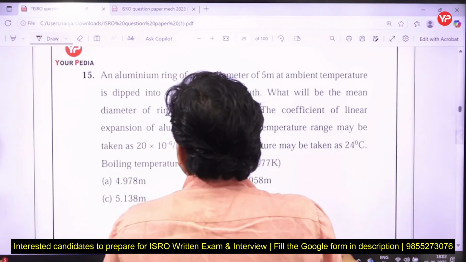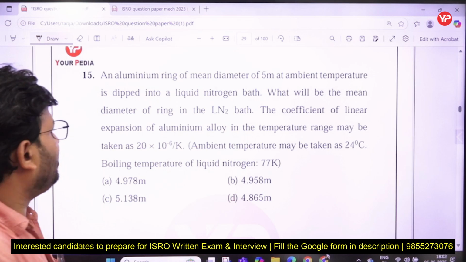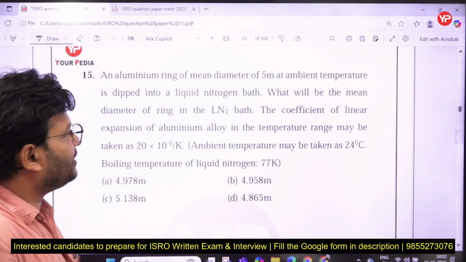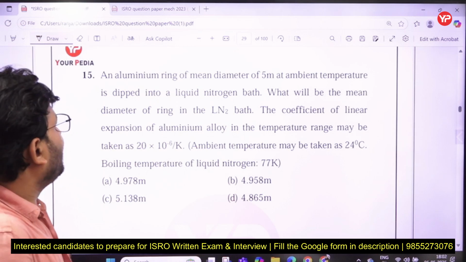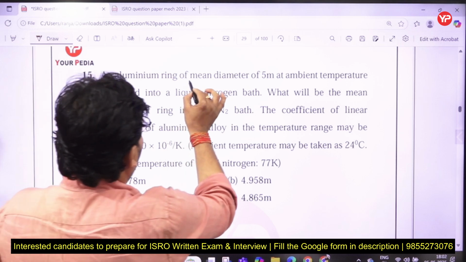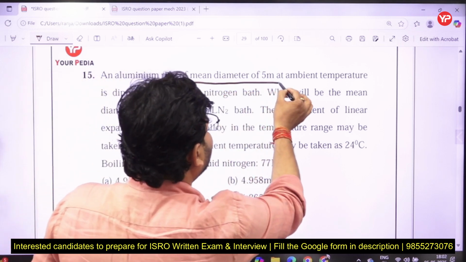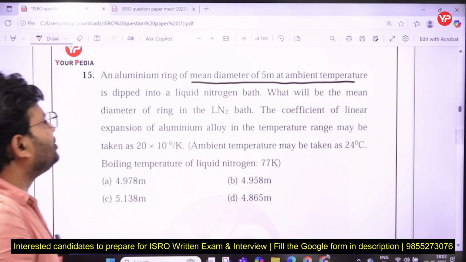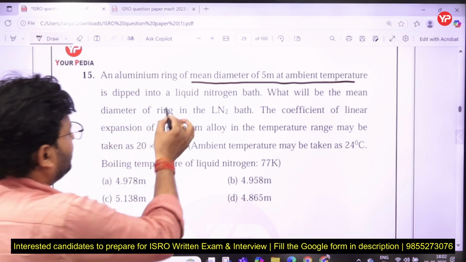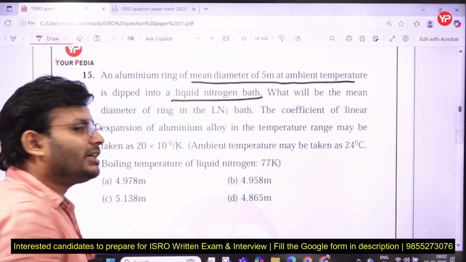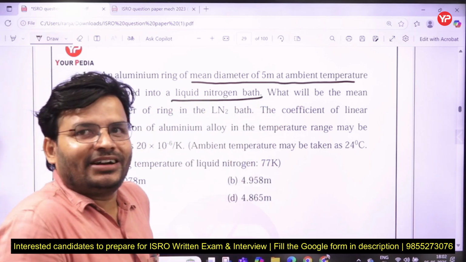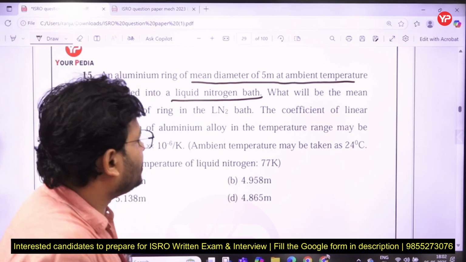The question is that an aluminum ring of mean diameter of 5 meter at ambient temperature is dipped into a liquid nitrogen bath. Liquid nitrogen, you know, the temperature is very, very low here.